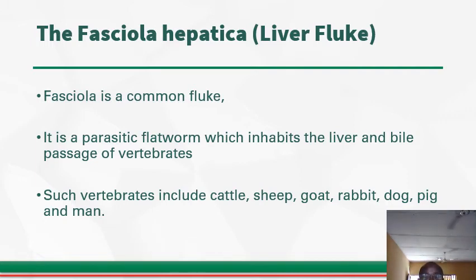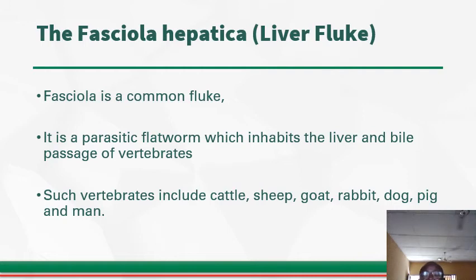Fasciola hepatica is a liver fluke. We refer to it as the common fluke, and it is a parasitic flatworm which inhabits the liver and the bile passage of vertebrates. Such vertebrates include cattle, sheep, goat, rabbit, dog, pig, and even man.